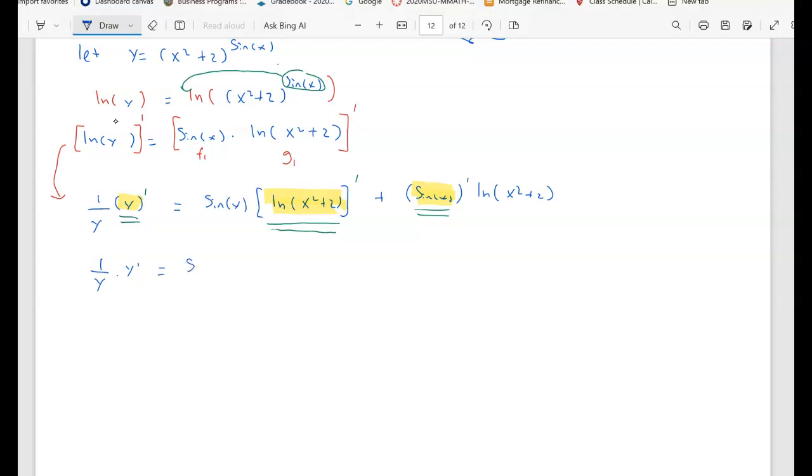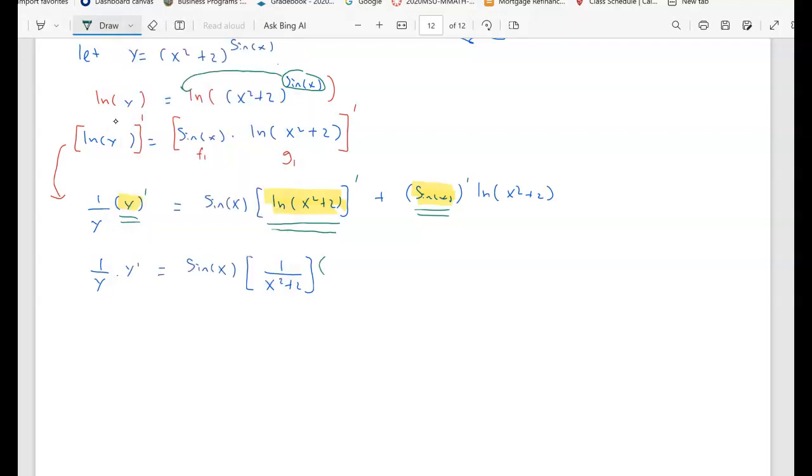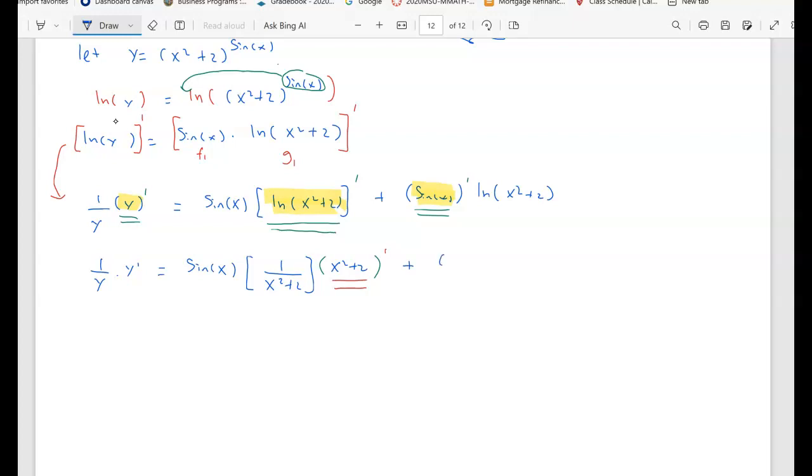This is equal to the sine of x, and let me fix this because that's an x, times 1 over x squared plus 2 times the derivative of the inner function. So we still have to take the derivative of x squared plus 2. And then plus cosine of x times the ln of x squared plus 2.